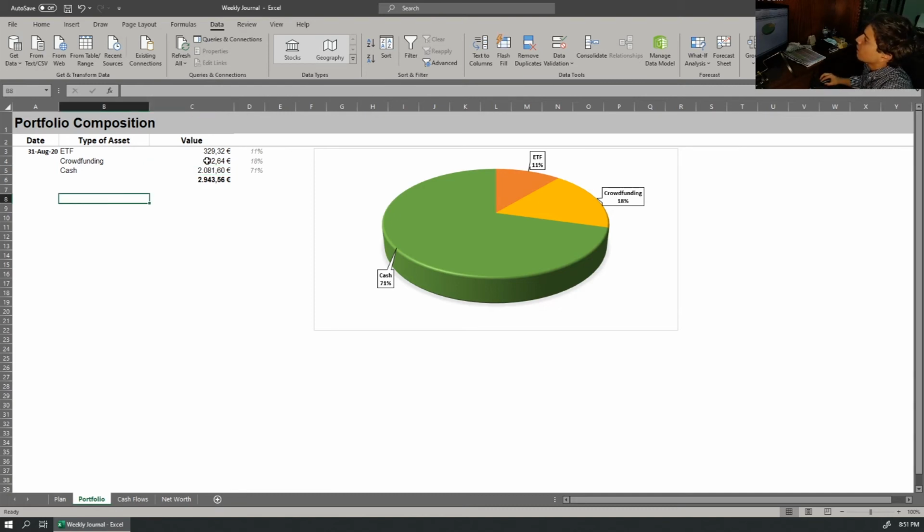A part of it was in crowdfunding, a platform known as Mintos, that I will talk about eventually in another video, and some of it in ETFs. But these ETFs were sort of a dumb decision. I just wanted to invest some money due to the dynamics it brings, but it wasn't the smartest idea at all, and I'm just waiting to reach break even in order to liquidate this position and move on.